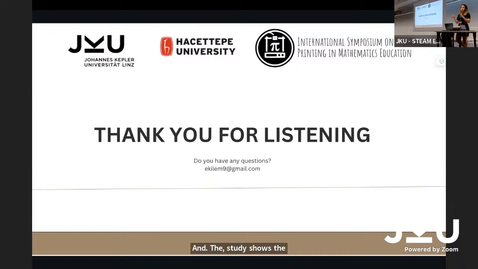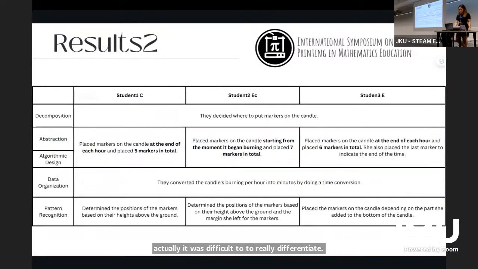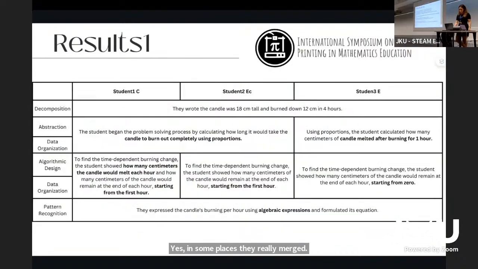Every mathematical problem shows all components. But in some cases, it was difficult to differentiate. Yes, in some places they really merged. That's why we merged some of the table, because abstraction and data organization, we did not separate these cognitive processes.